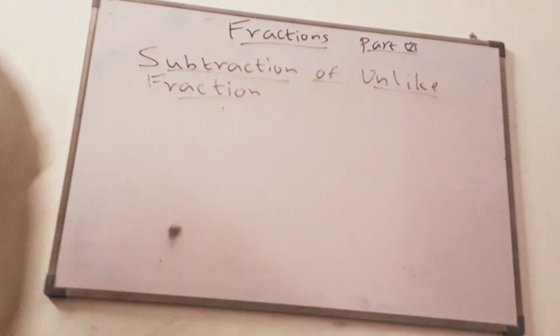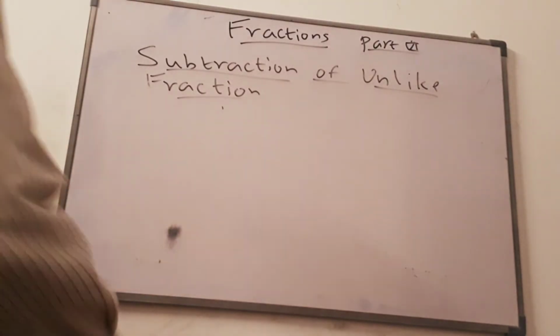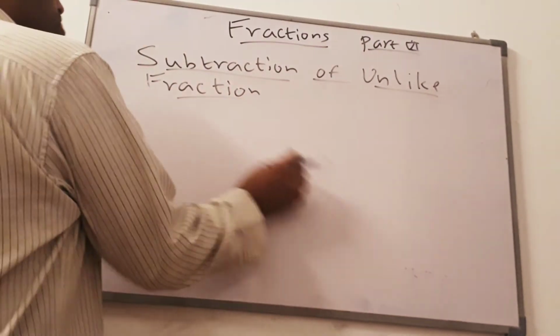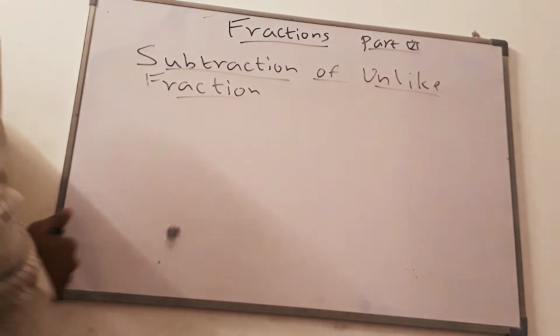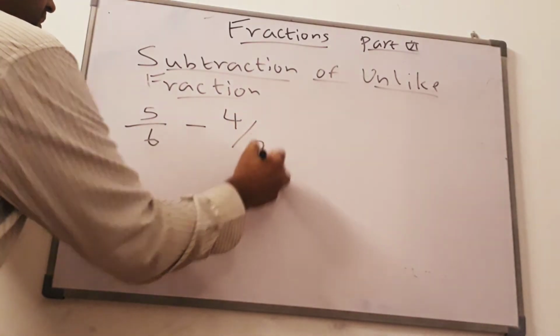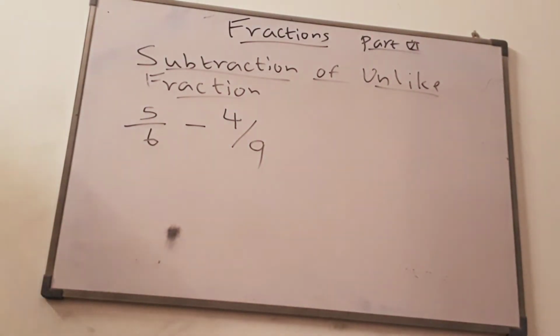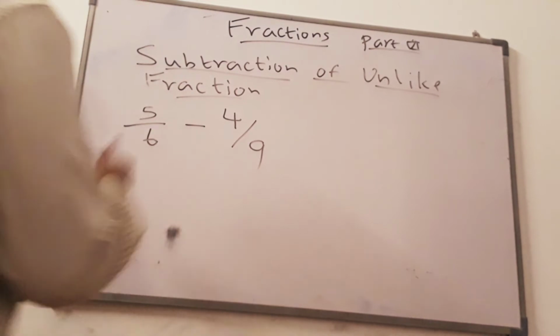Okay, we'll do 2 more questions. Next is, suppose 5/6 minus 4/9. Okay, 9 is not a multiple of 6.